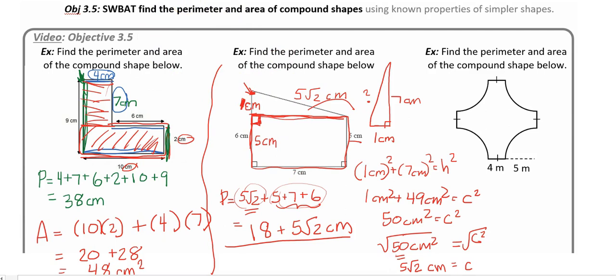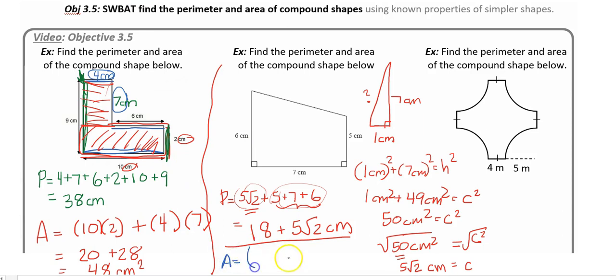Now the area is much easier because this is a trapezoid. So we can use what we know about the area of a trapezoid. You add the bases together. The bases are the 2 parallel sides. So we've got 6 plus 5 all over 2 times the height of 7.